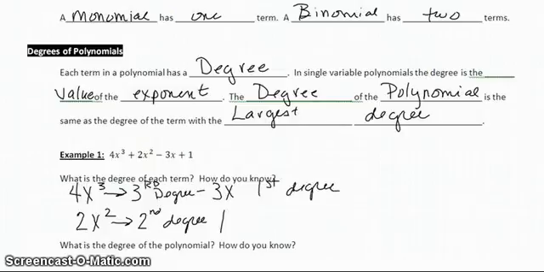And constant is really considered degree 0. Because if we recall from Algebra 1, anything to the 0 power is 1. So really this is times x to the 0. So that is of degree 0 if it's not written in.